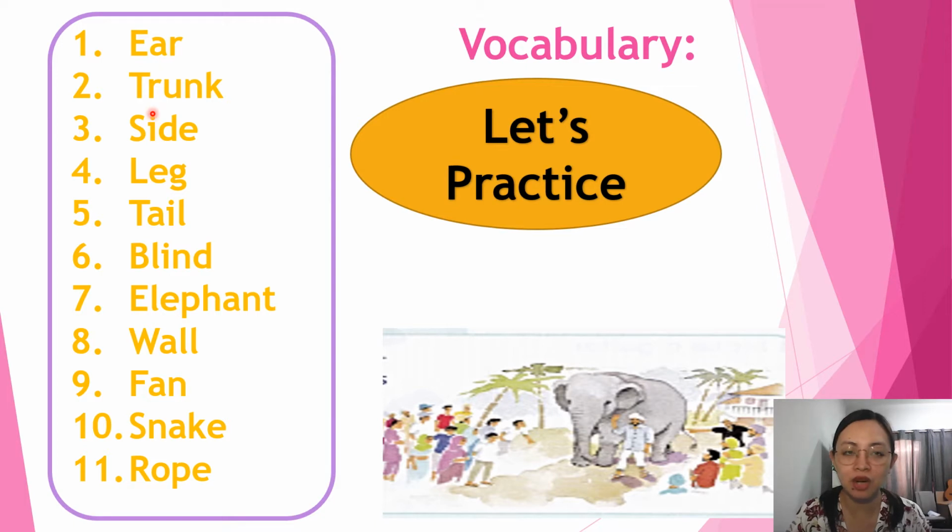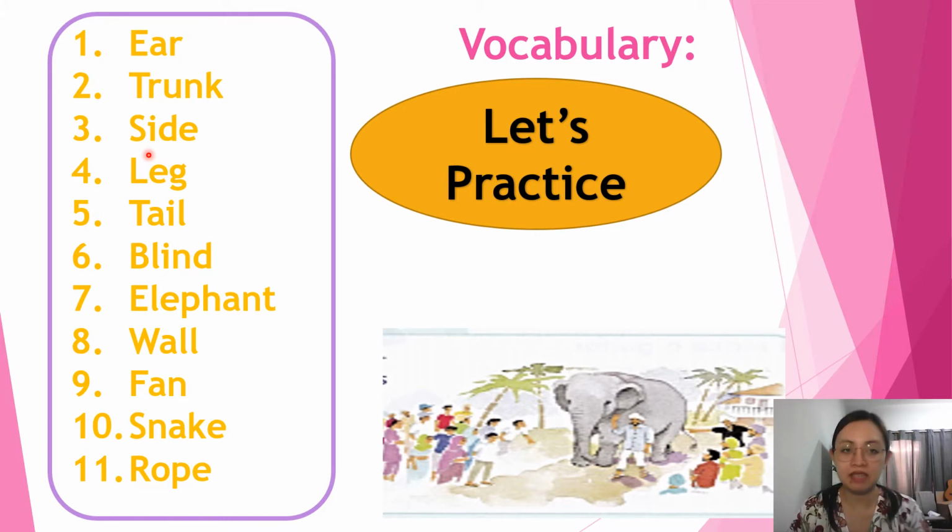Next, trunk. Will you repeat after me? Trunk. So trunk is the nose of the elephant. It is very, very long. Next, side. Will you repeat after me? Side. So the side of the elephant is the body.